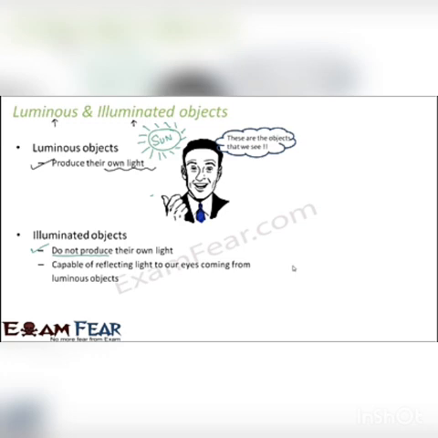Let us take an example of anything. Let us say a bottle of water which is lying on the table. Why are we able to see that bottle of water? Because the light which is falling on the bottle of water, the bottle is able to reflect that light. That doesn't mean that the light is being produced by the bottle. Light is being produced by some other source. The light might be coming from the sun.